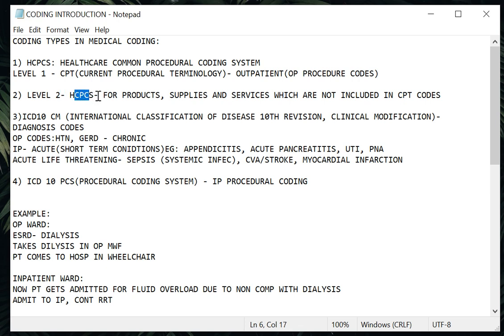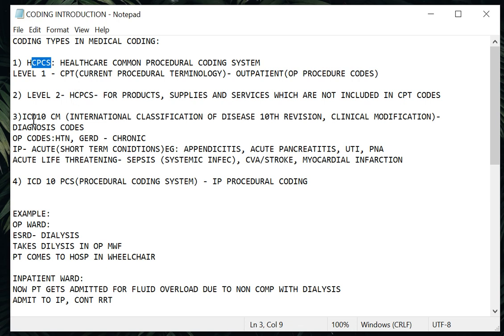Okay, so for the patient who is coming in a wheelchair to OP for the dialysis, which is for CKD, you need to capture level 1 as the procedure, which is the dialysis, whereas level 2 is for the wheelchair, which is the equipment the patient is using in the hospital. Okay, so this is all about HCPCS, Healthcare Common Procedural Coding System.